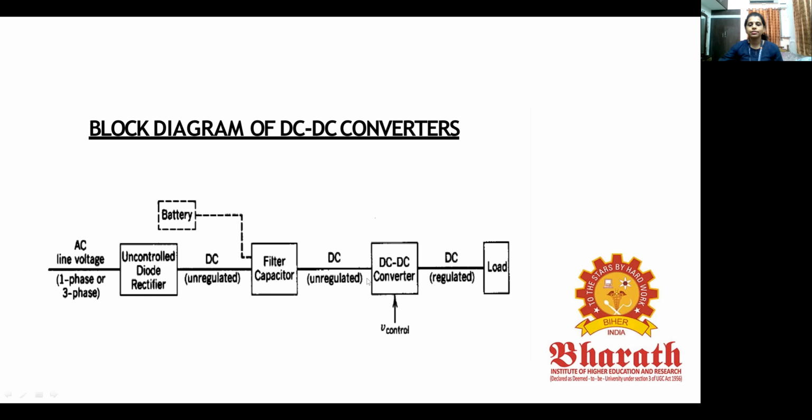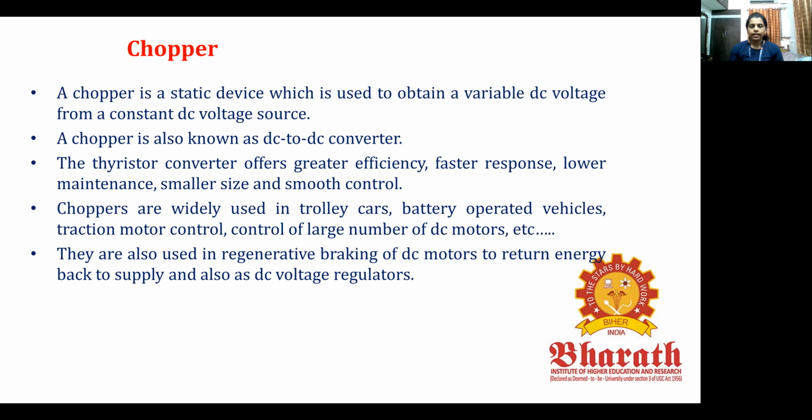From there, this regulated DC voltage can be connected to the load. So this is the basic block diagram of a DC to DC converter. Basically, we can classify the DC chopper into two types: one is the step up chopper and the other is the step down chopper. Let us discuss it in detail.